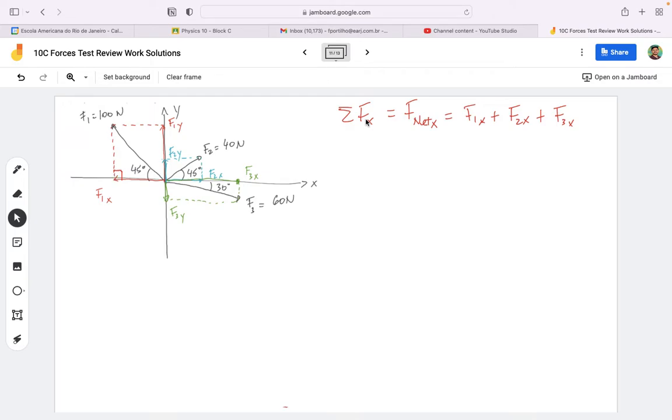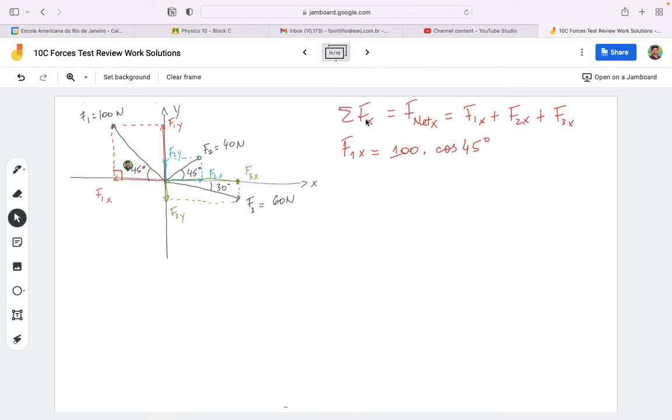And so that said, we have f1x as being equal to 100 times cosine of 45. Why cosine? Because this is standing as an adjacent side to 45 degrees, okay?